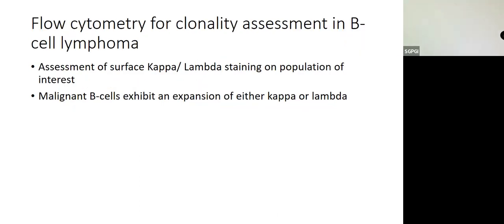So when we talk about B cell lymphoma, the primary thing we do for clonality assessment is assess surface kappa and lambda staining on the population of interest. Malignant B cells, as I just explained, would express either kappa or all of them will express lambda, right? Remember that in any sample you will have some residual normal B cells remaining.